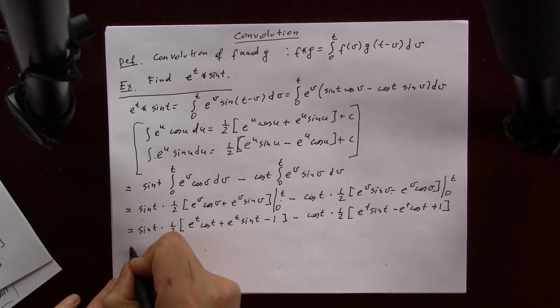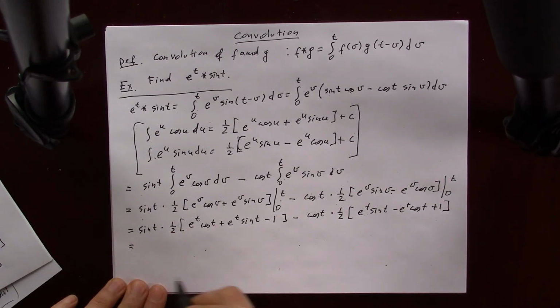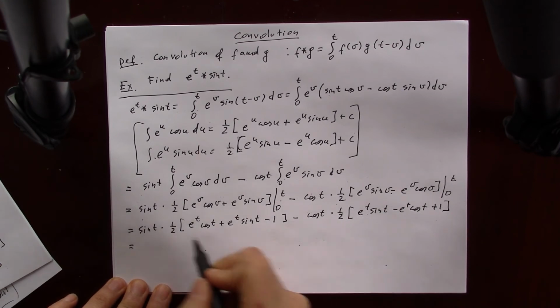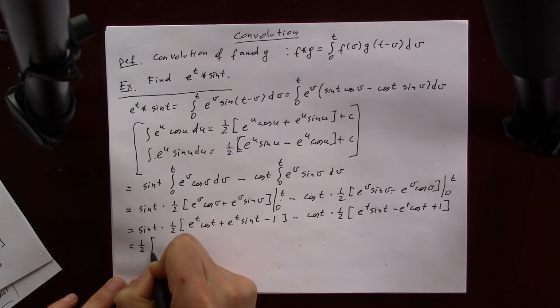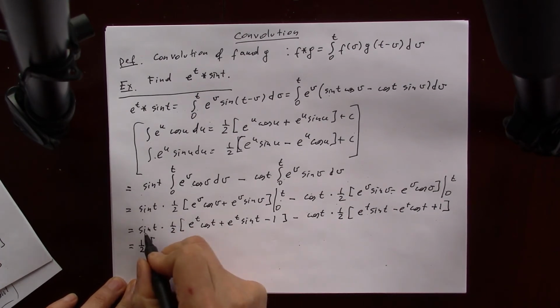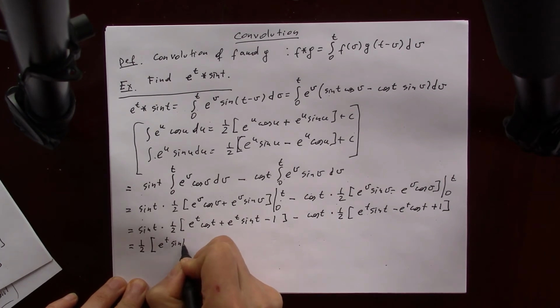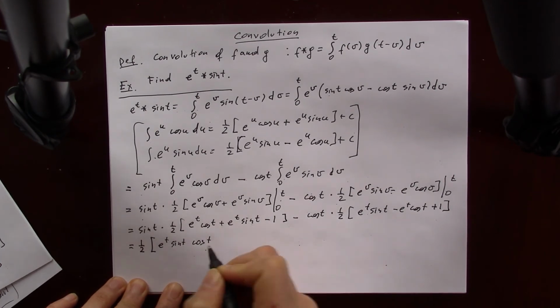So we're going to get, everywhere we see 1/2, we'll take 1/2 out. Inside, the first amount is going to be e to the t sine t cosine t.